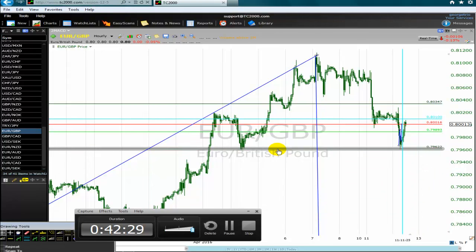The reason why I'm doing this is because the price went up a bit, giving me another chance to sell again at a higher price level, 7991, since we are already in the trade at 7989.